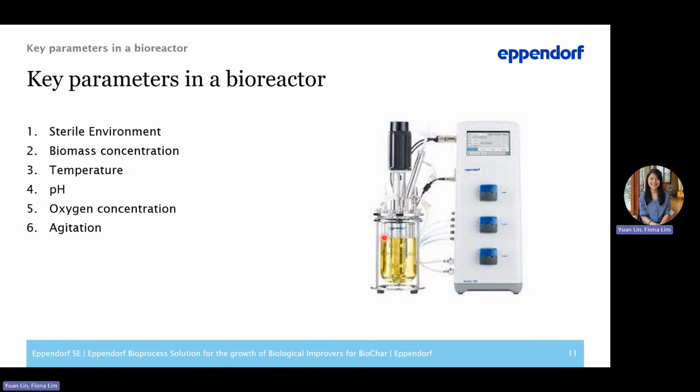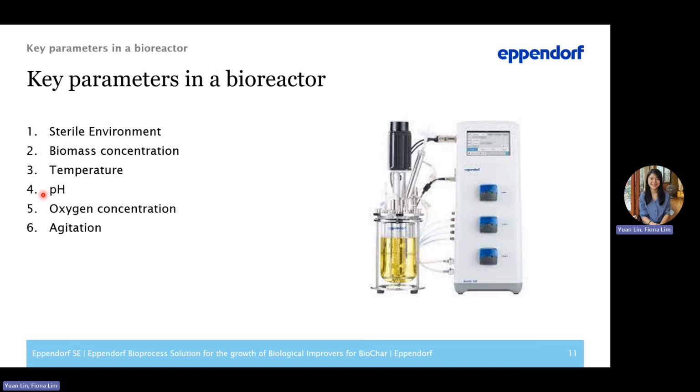Now let's move on to the next topic and let's take a look at some key parameters in a bioreactor. So I'll be speaking about these 6 parameters, which are the key to control the bioreactor condition. First, it would be to give them a sterile environment. Secondly, it would be biomass concentration to be introduced into the bioreactor. Thirdly, it would be the temperature.